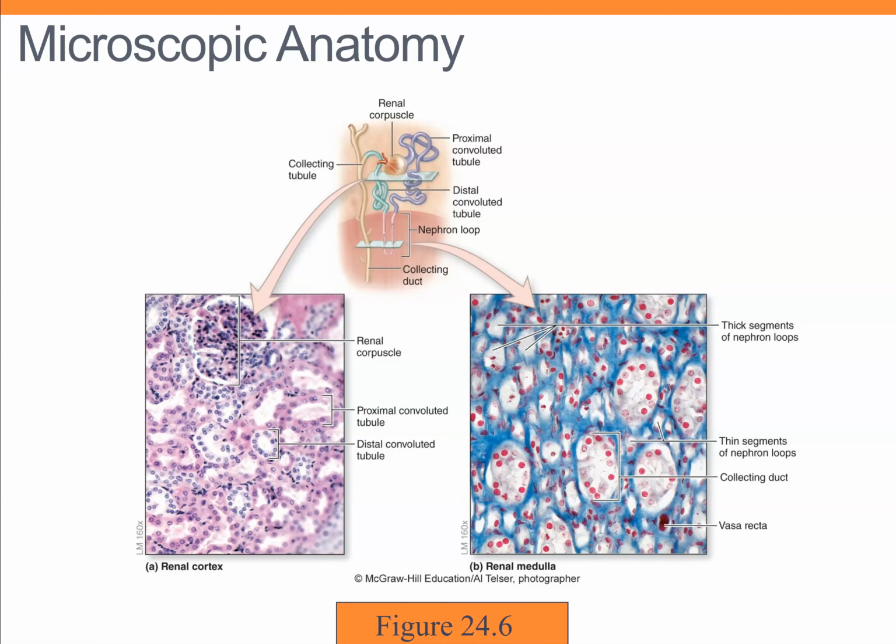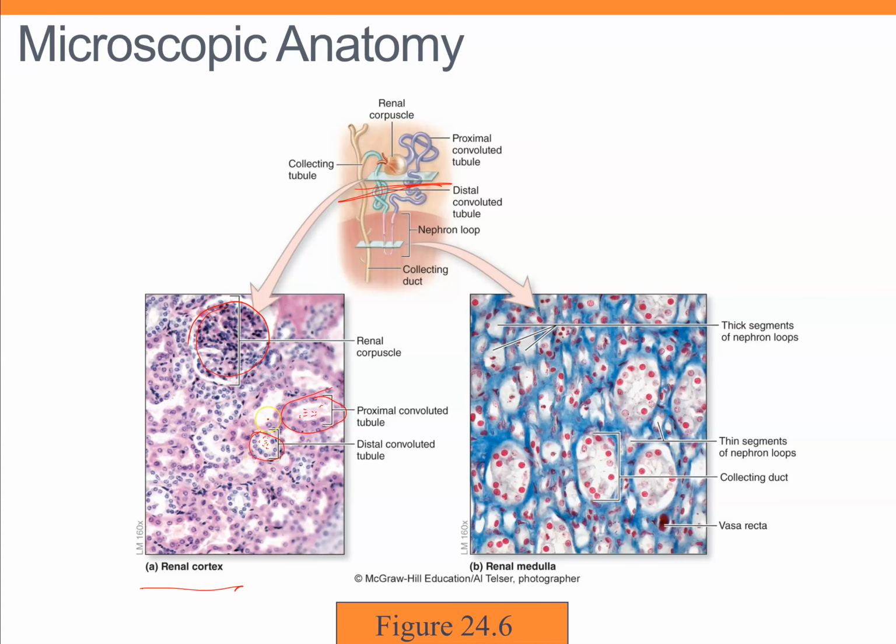Looking at things histologically under the microscope, you've got a section of cortex over here on the left. This is your renal corpuscle. You can see it's a round structure. And what you're seeing here are cross sections through parts of the tubule. You've done a slice in this direction, and this is where the fluid is going to be, inside that lumen there.